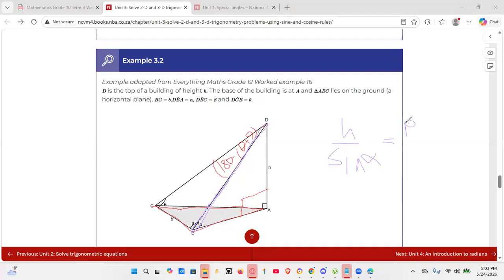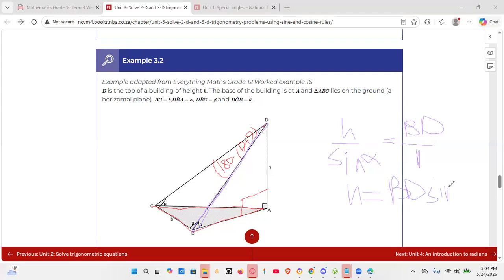Okay. BD over sine of 90, which is going to be 1. So sine of 90 is 1. Now I need to find out what BD is. So H will be BD. Then I have a sine of alpha.